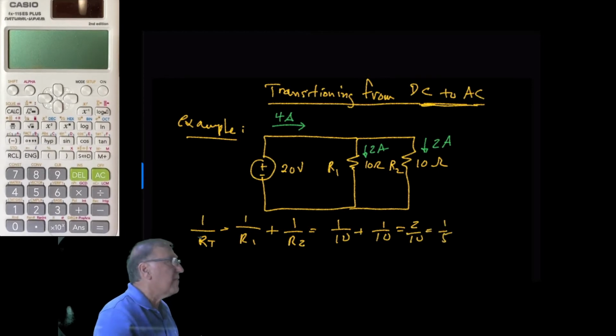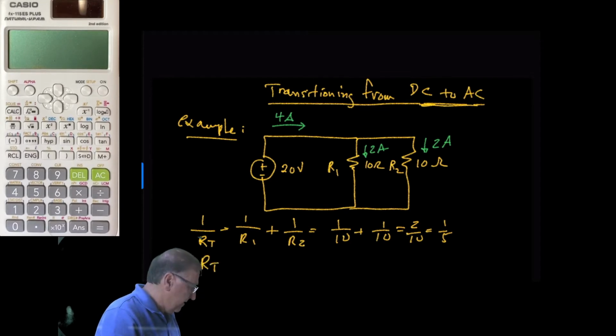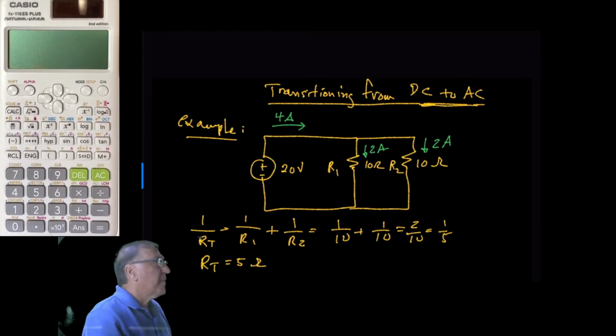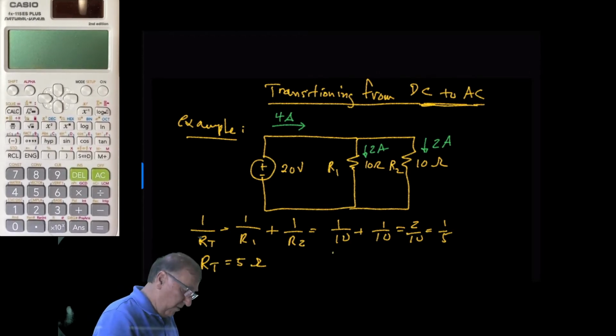If we flip it to solve for RT, RT equals 5 ohms. To calculate the current using Ohm's law, I equals V over R, so that's 20 volts over 5 ohms, and that equals 4 amps.